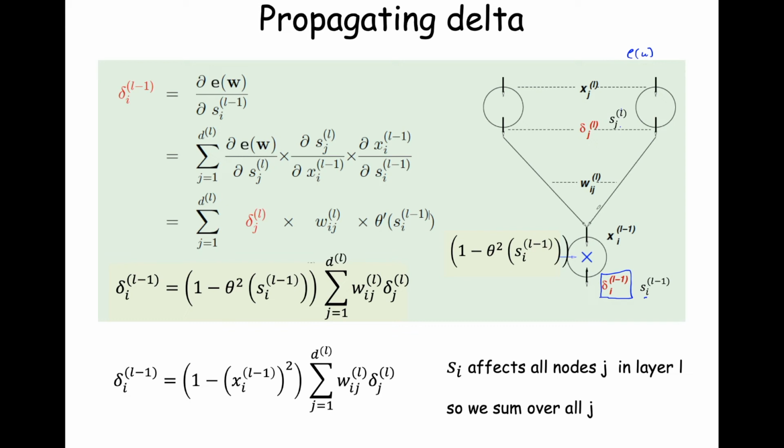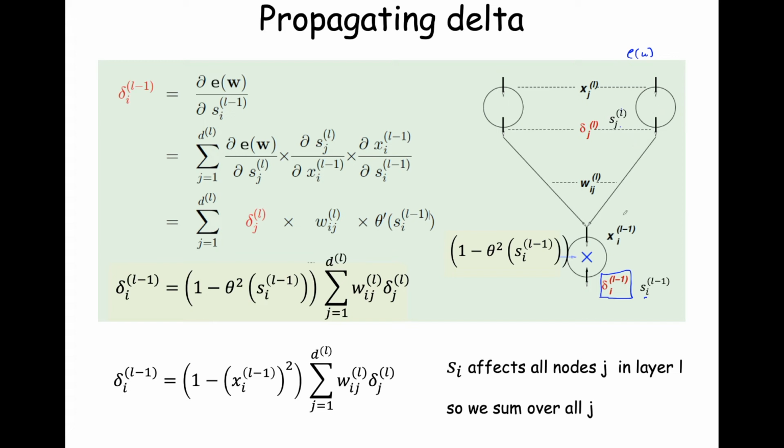Well, what does it influence? It influences the score for this node, the score for that node, score for that node, score for that node. And so when we compute this delta sub i superscript L minus 1, we have to account for all of those components it influences in the forward direction.